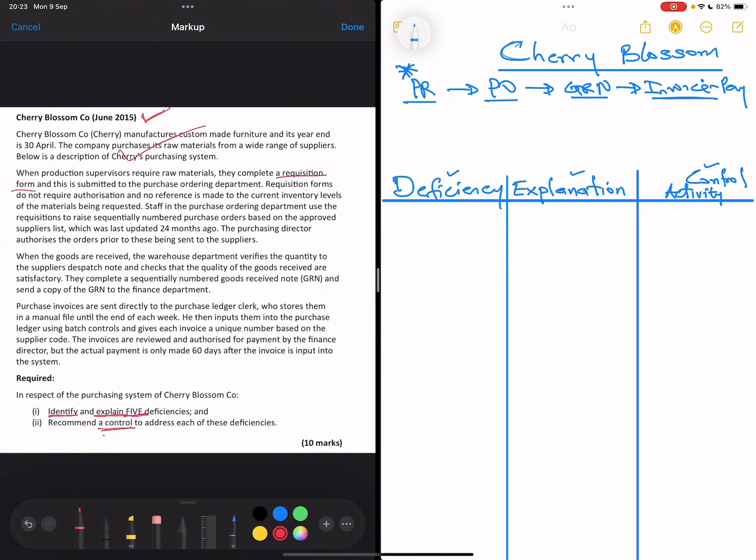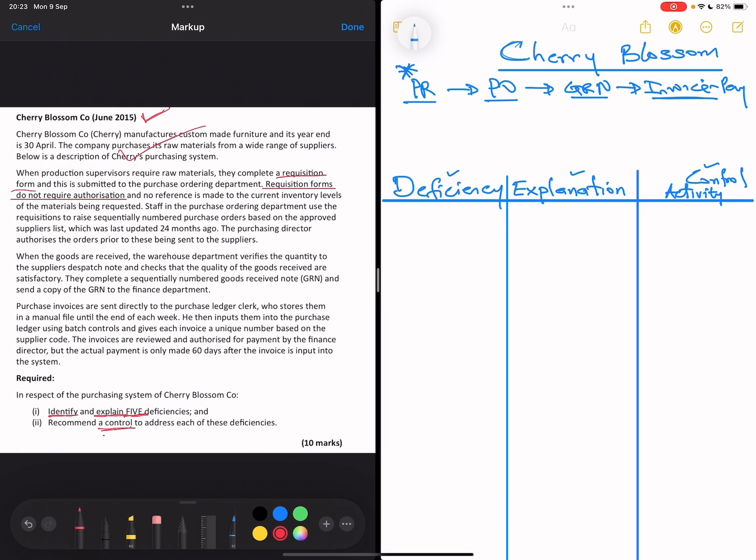Requisition forms do not require authorization. You can see this is already a problem because we said requisition form should be approved by a manager, right? After he has confirmed that the requisition is for valid business purposes and also there is no excess item.